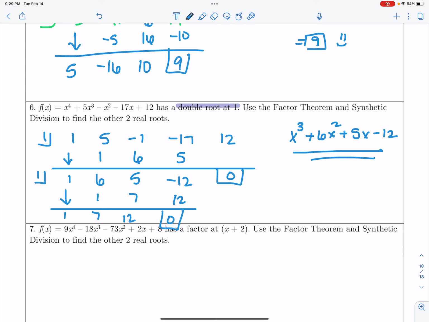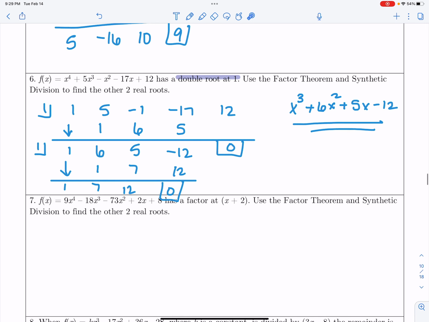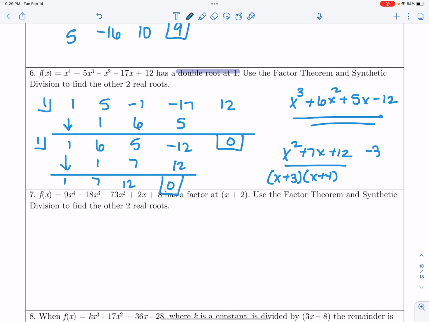I have another 0 as a remainder, which makes sense because it says that I have a double root at 1. So I have x squared plus 7x plus 12 as my quotient. I could factor that easily because that's just x plus 3, x plus 4. So my roots here are negative 3, negative 4, and then you have 1 with a multiplicity of 2 based off of what my original statement was for number 6.